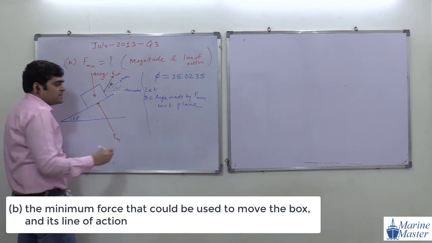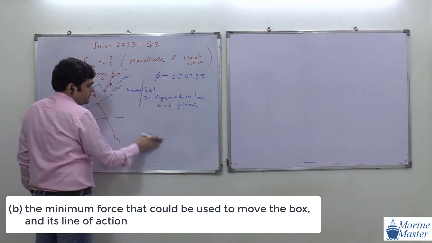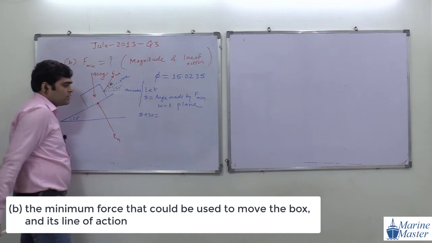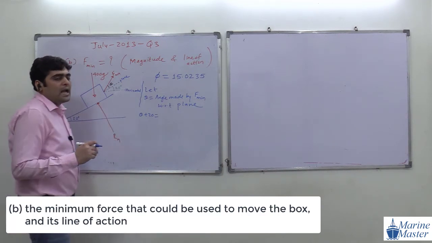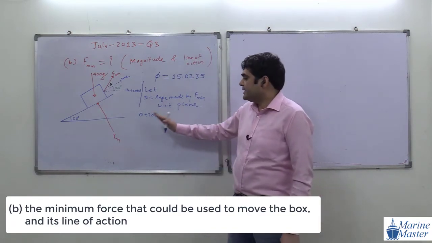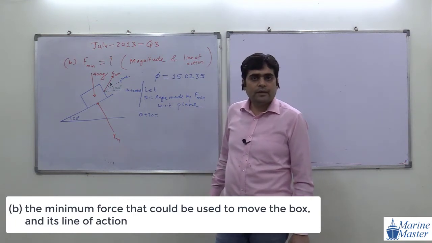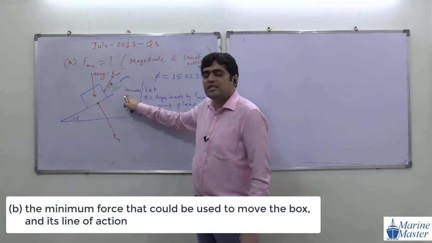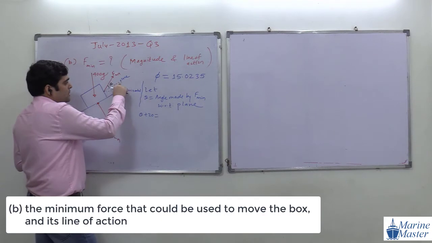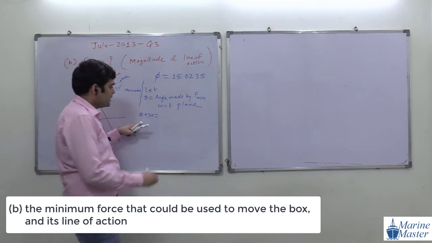So therefore, what can we say? Theta plus 20 will be the angle made by F minimum with respect to horizontal. Theta with respect to plane, and with respect to horizontal it will be theta plus 20.